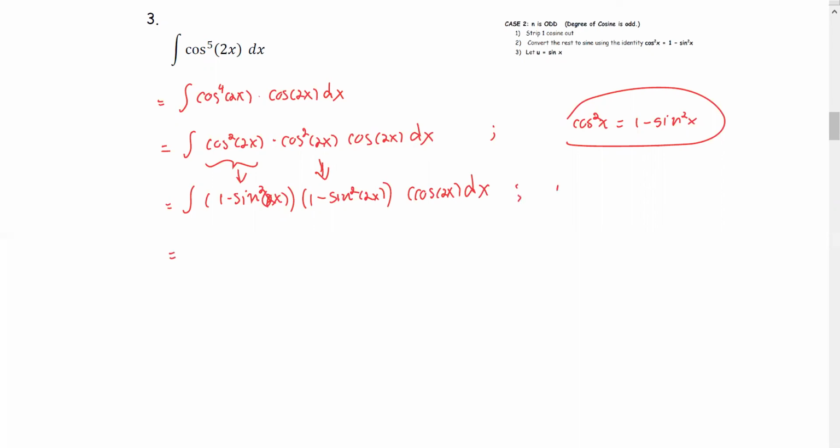And next, as step number 3, we're going to let u be sine of 2x. The following part of this is the differential of u. Du is cosine of 2x multiplied by 2, which becomes 2 cosine 2x dx as the differential of u.